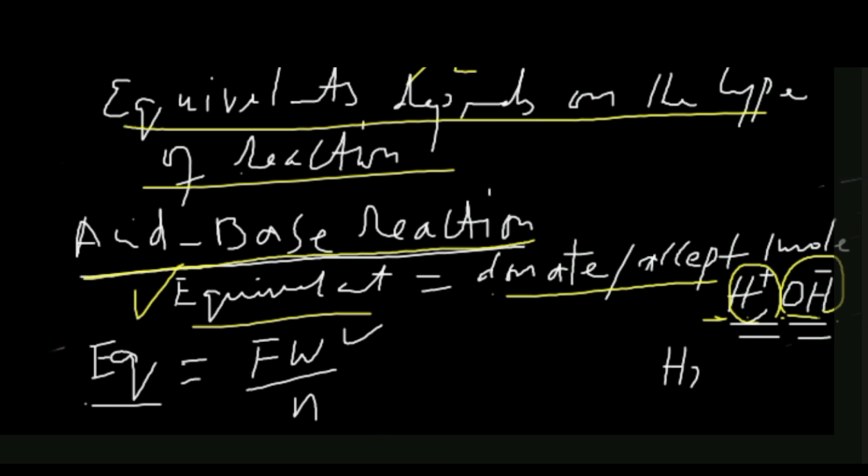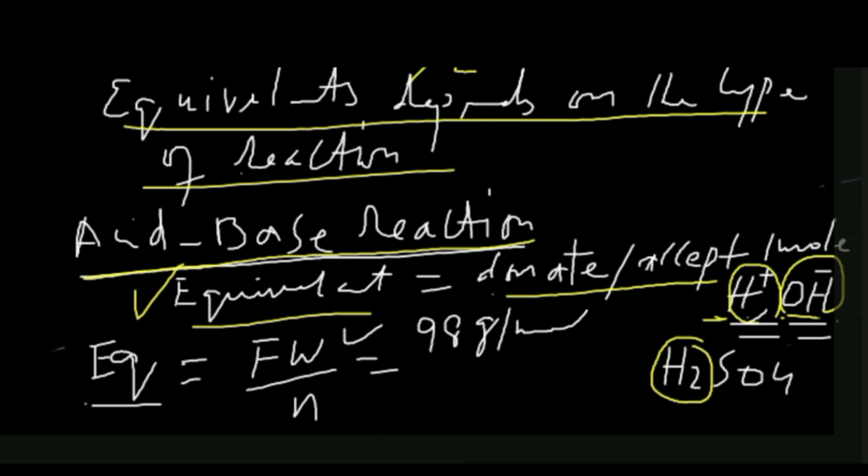If we take the example of sulfuric acid, we have two hydrogen atoms here. Sulfuric acid has a formula weight of 98 gram per mole.